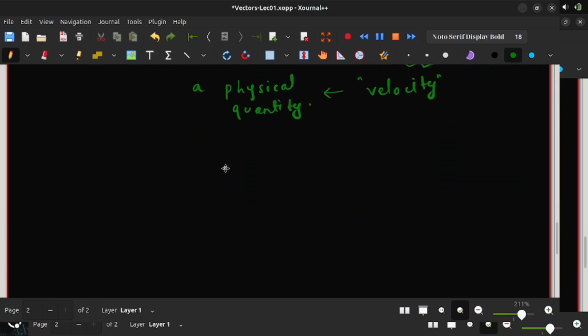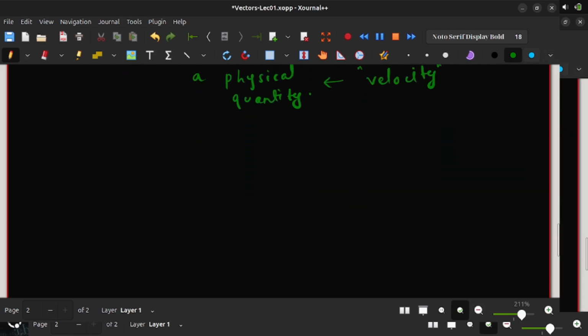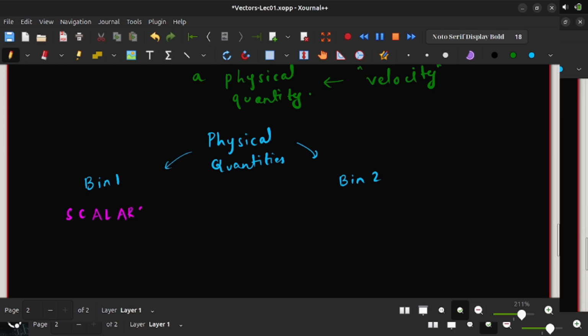So now what do you say? Broadly in physics there are two kinds of bins. I have bin 1 and I have bin 2. And there are physical quantities which can be thrown into these bins, broadly. Bin 1 is called the scalars, and bin 2 is called the vectors.